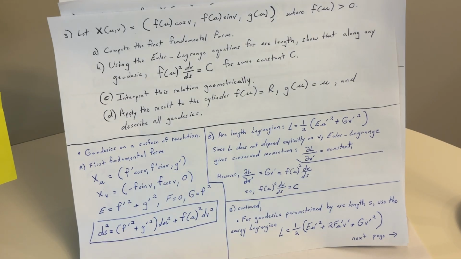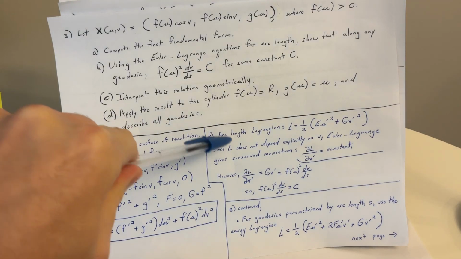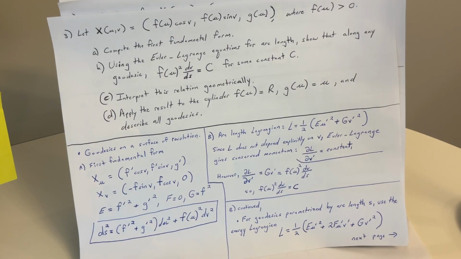Okay, letter B, using the Euler-Lagrange equations for arc length, show that along any geodesic, f of u squared dv/ds equals c for some constant. So here we have part B. The arc length Lagrangian is L equals 1/2 times the quantity E u prime squared plus G v prime squared. Since L does not depend explicitly on v, Euler-Lagrange gives conserved momentum.